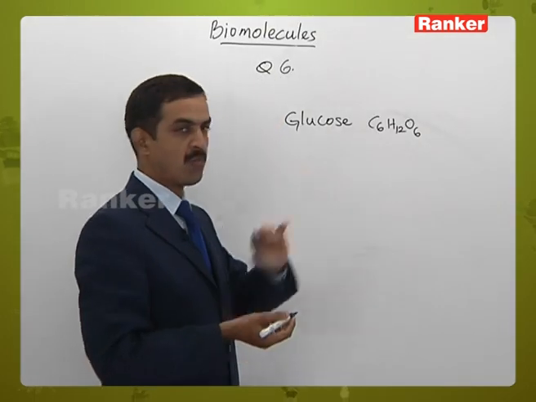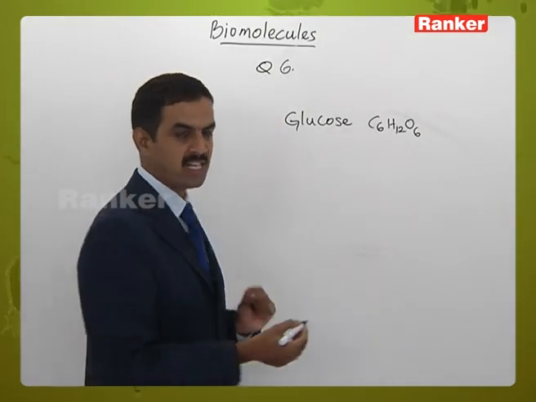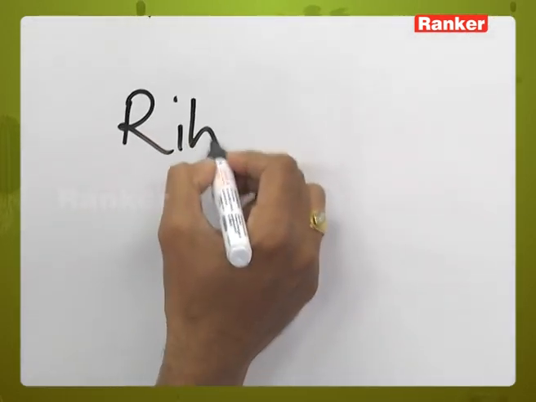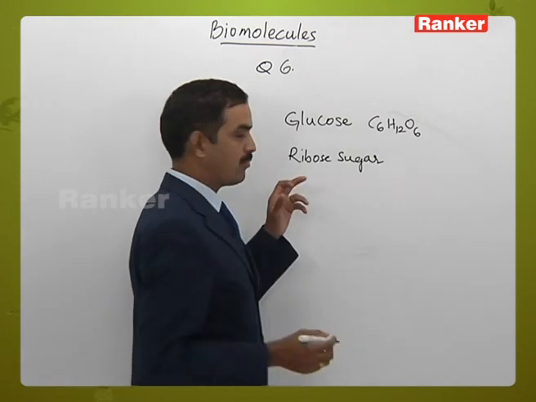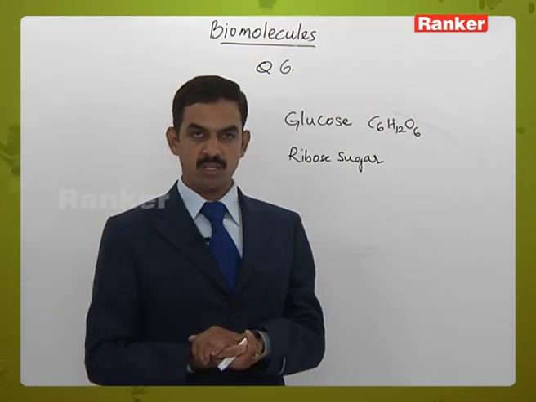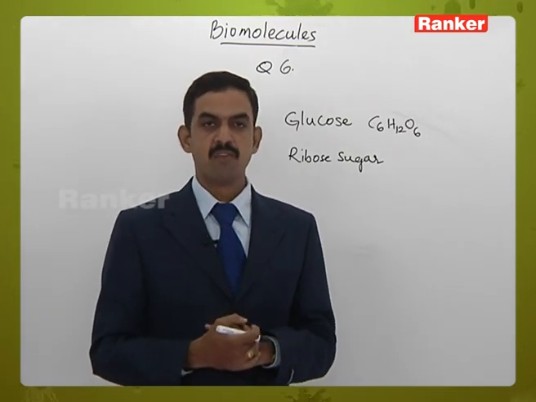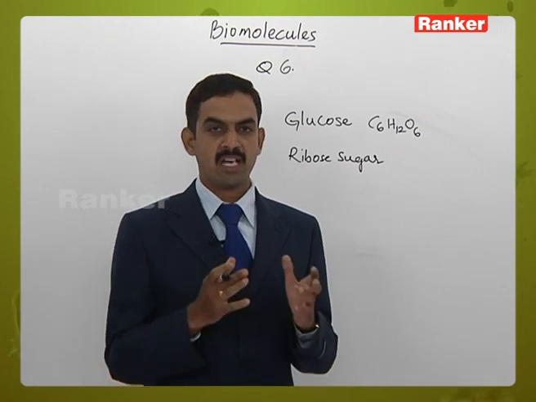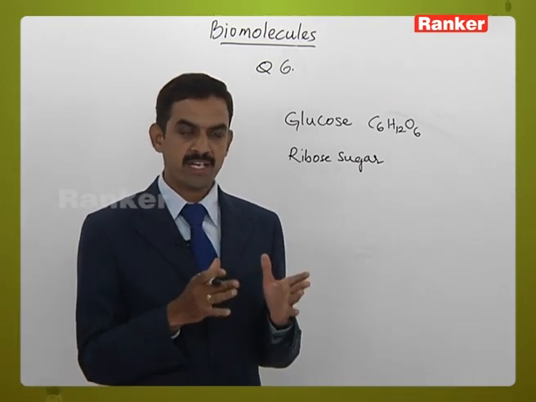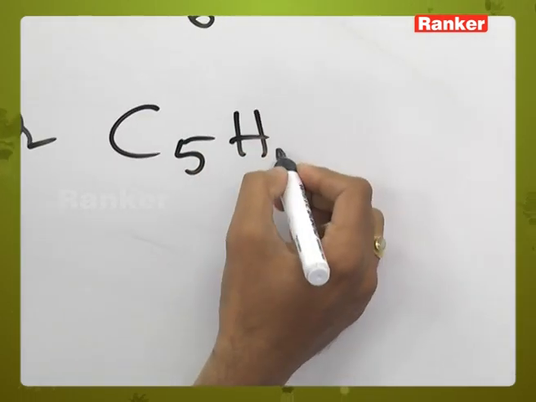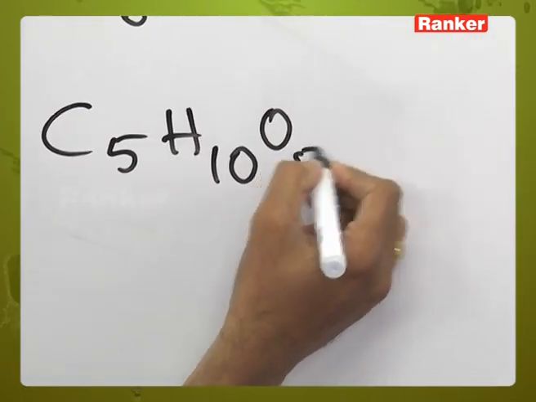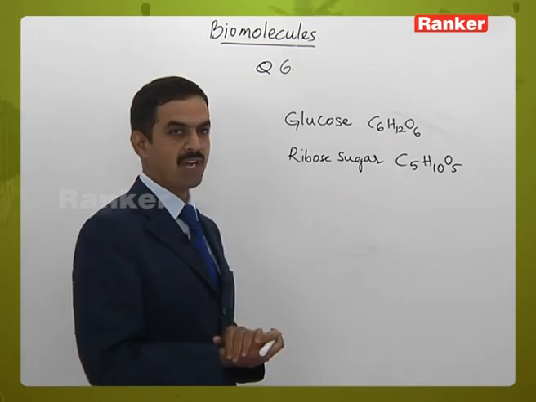This is the molecular formula of glucose, and the second one is ribose sugar. Ribose sugar is a pentose sugar which contains 5 carbons, and is a part of the nucleotide of the RNA molecule, C5H10O5. This is the molecular formula of ribose sugar.